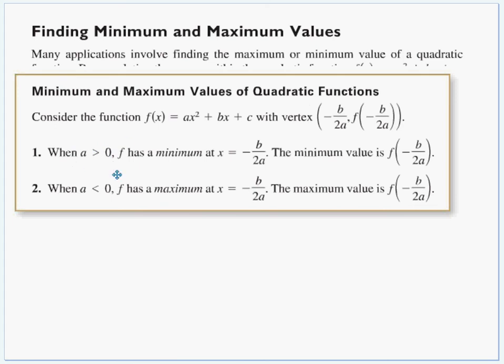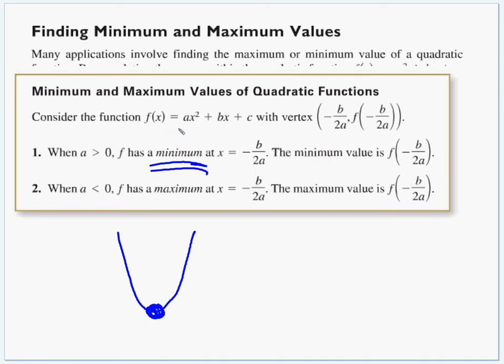If your a value, if the leading term is positive, remember, if it's positive, your parabola opens up. If a parabola opens up, it has a valley, and at the bottom of that valley is your minimum. So that would be your minimum value at that x value. To find the minimum value, you'd plug it in and get the output.